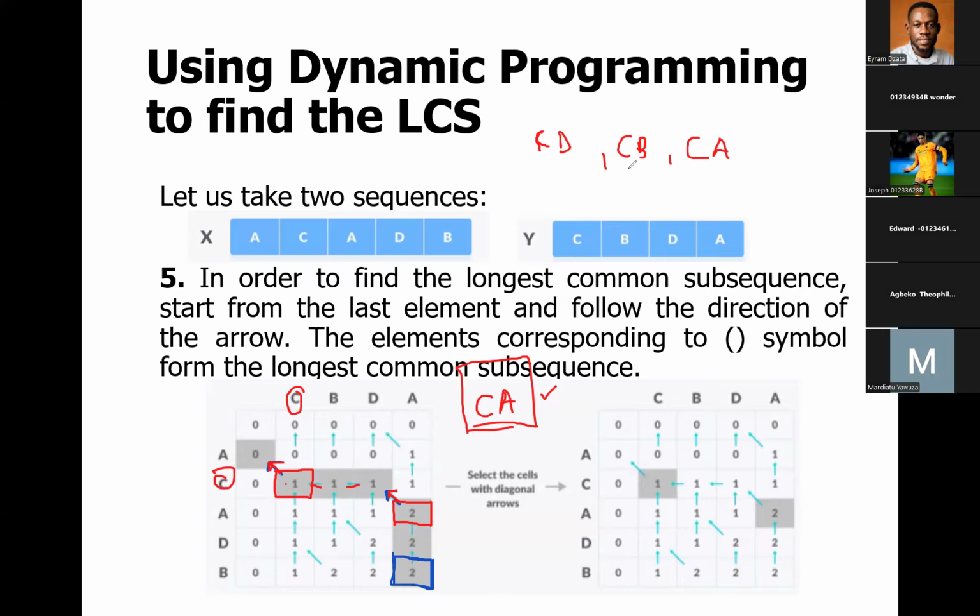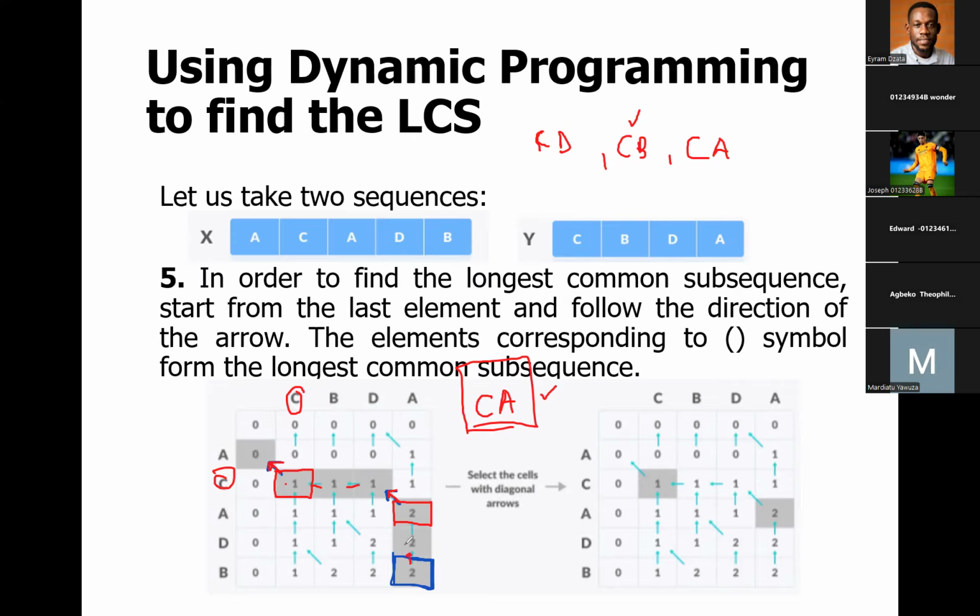Okay. Now someone will say, why not CB? Now CB would only work in the context of drawing the arrow when the characters are different but the comparison maximum values are the same. You remember, right? Yes. Okay. And you remember that we're always drawing the arrow upwards.